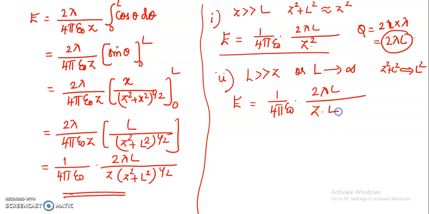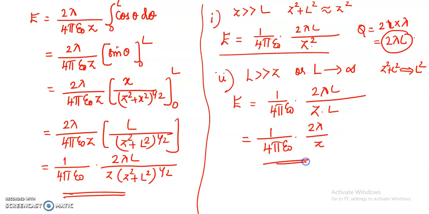So it will become z into L, that is equal to 1 by 4 pi epsilon 0 into 2 lambda divided by z. This is the equation for the electric field at a distance z from an infinitely long straight conductor of line charge density lambda.